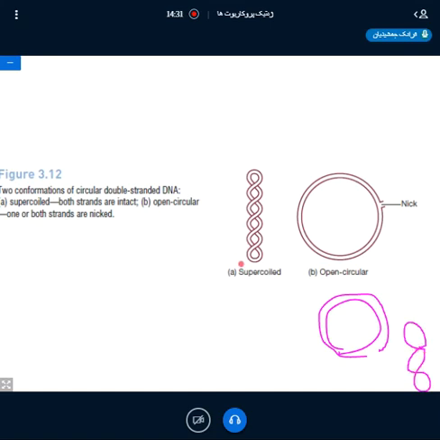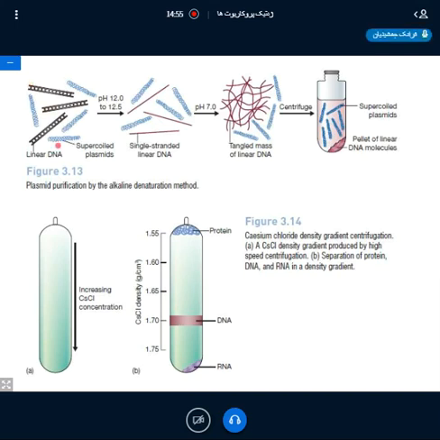But the plasmids, because they're so small, may not break. So the structure of supercoil will remain. So here, we want to extract the plasmid of a bacteria because of this structure conformation.